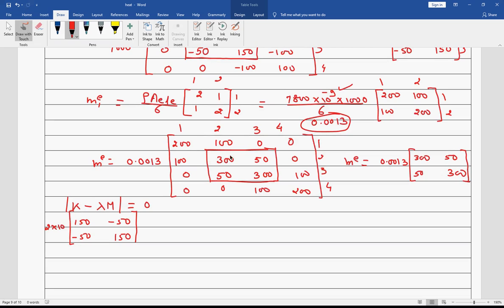Okay, so 2 into 10 to the power 2, minus lambda, with the multiplying factor 0.0013, this will be 300, 50, 50 and 300, and I want its determinant to be equal to 0.